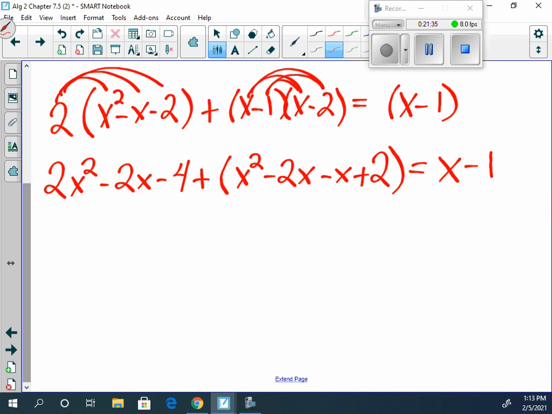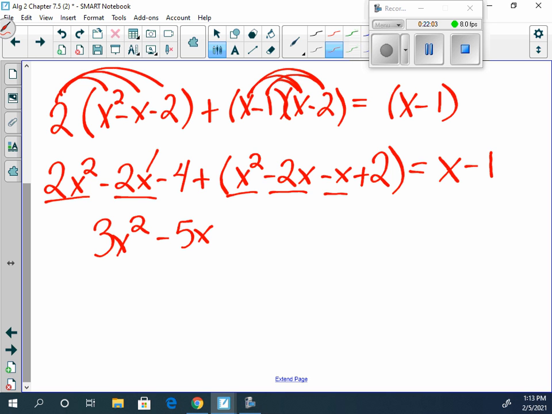Now, at this point here, we can combine our like terms, because we can add 2x squared plus x squared. Well, what is 2x squared plus x squared? We have 3x squared. Well, we have negative 2x minus x. So 1, 2. We have negative 5x.